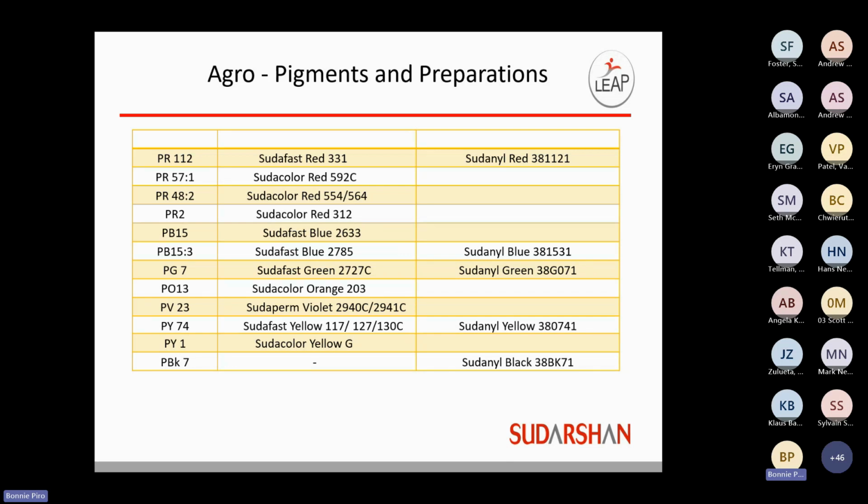But we see anything from the red 112, 48-2, and blues, of course, in the 15 and the 15-3, greens we talked about earlier. Even violet 23 is used in there. So we can see a lot of different colors that are available to the agricultural industry to be able to identify the pigments themselves.